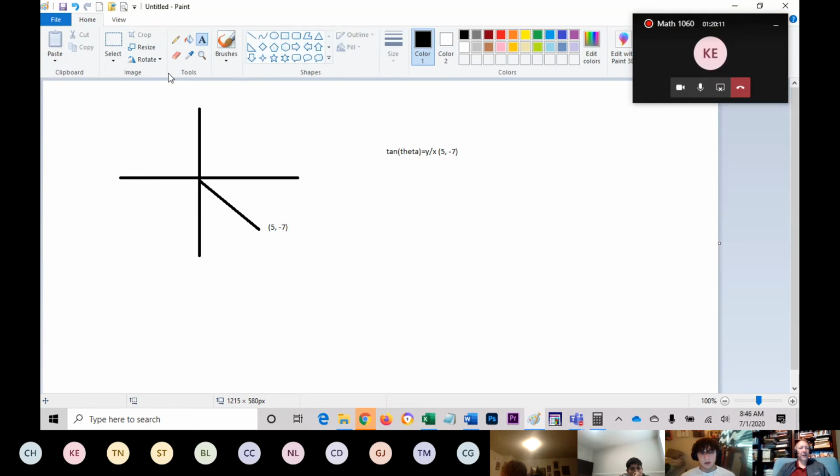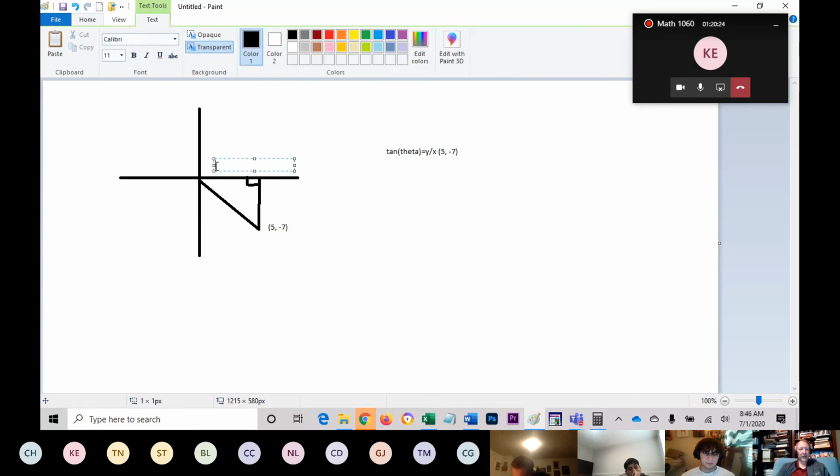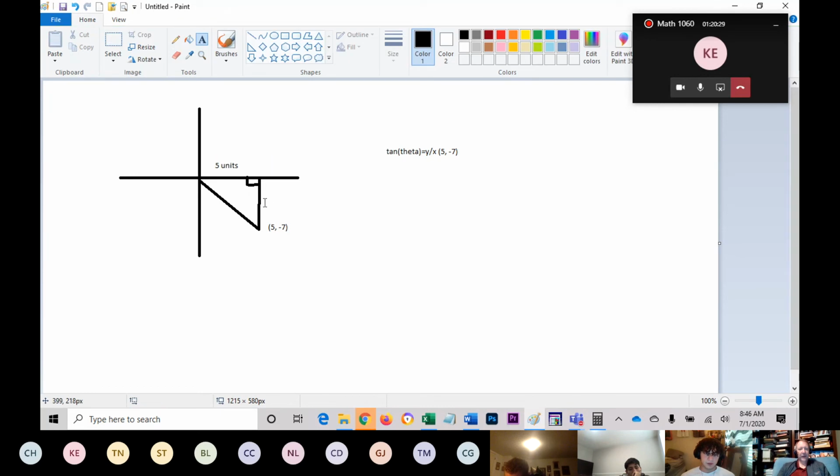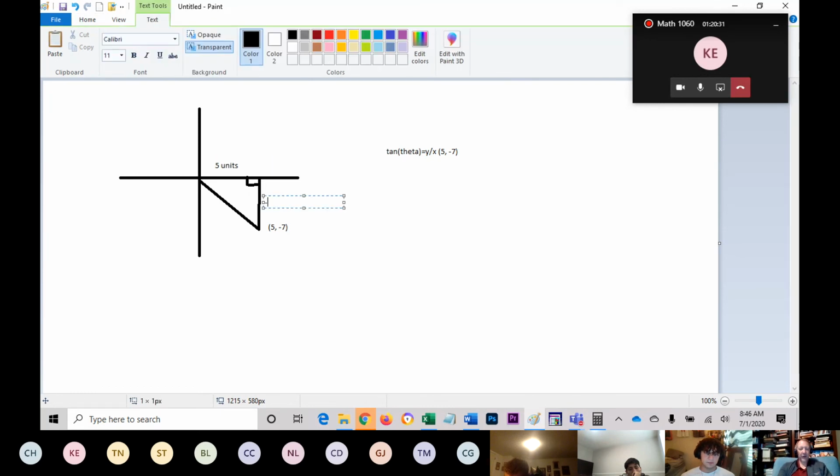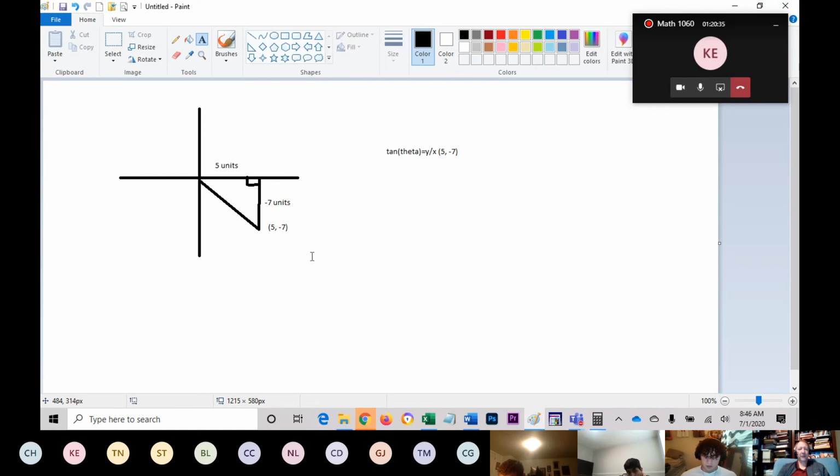So essentially what we're saying here, if I turn this into a right triangle, is the x-axis is 5 units and the y-axis is 7 units, or I could put -7 units just to match my ordered pair.